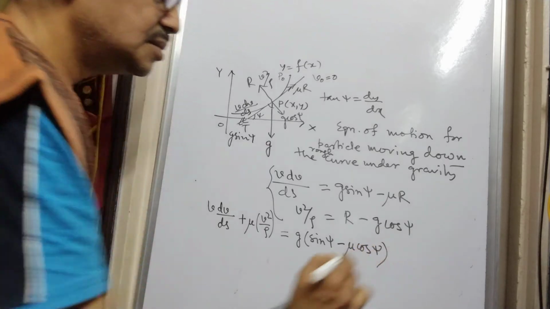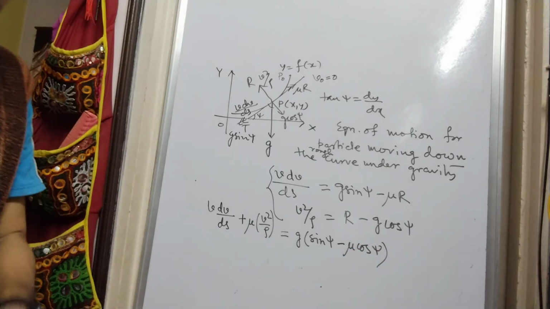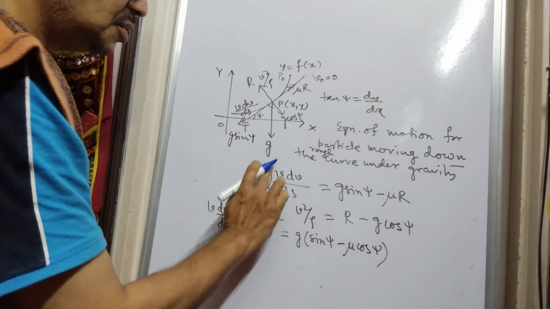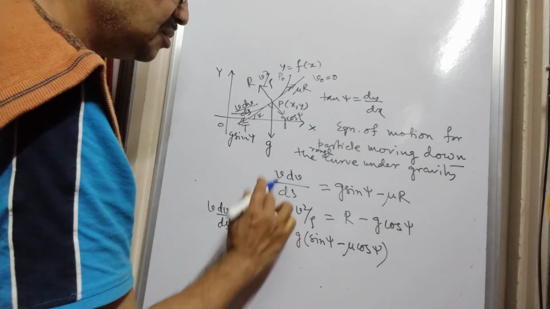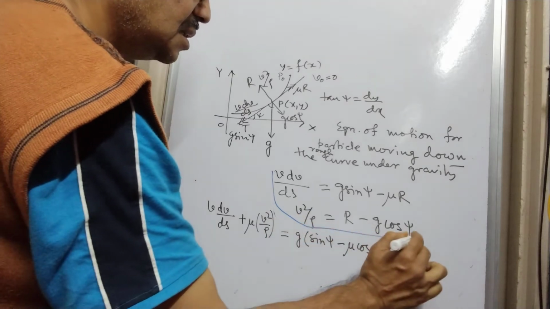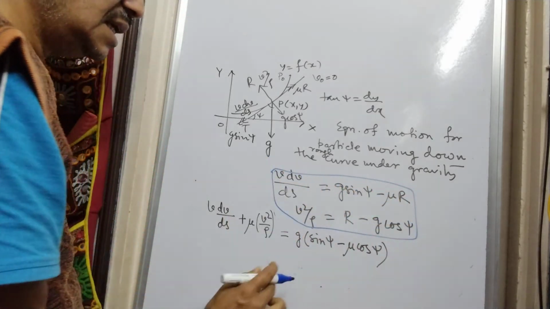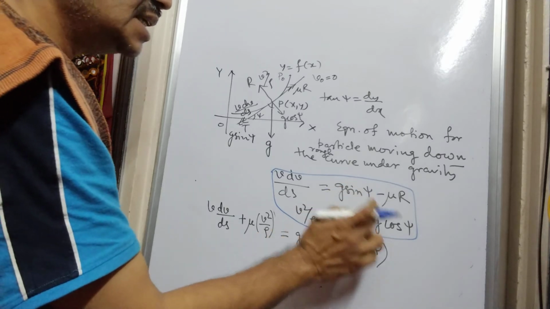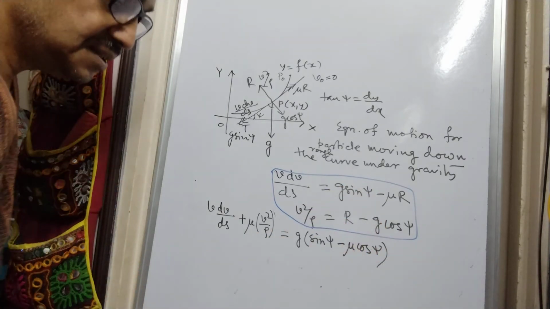Isn't it so? It's clear from these two equations that v dv/ds plus mu v square by rho is g into sin psi minus mu cos psi.